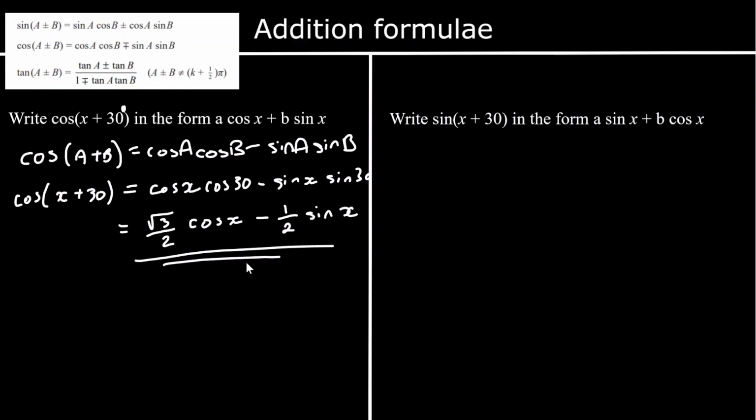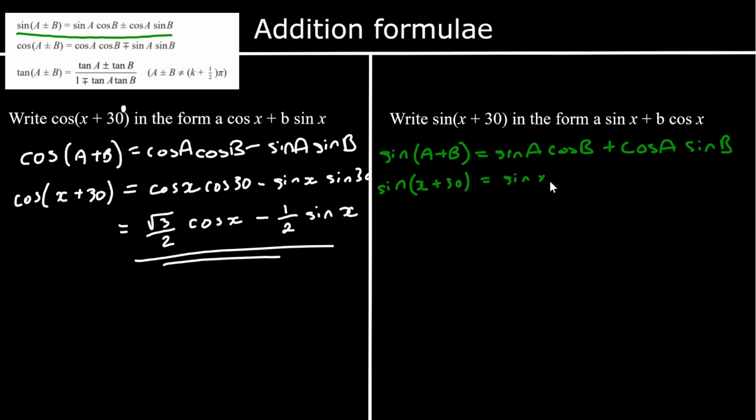One for you to try. See if you can give that a go. So sine(x + 30). So we're going for the sine A plus B formula. So sine A plus B is sine A cos B plus cos A sine B. And then we're going to change A to x, B to 30.